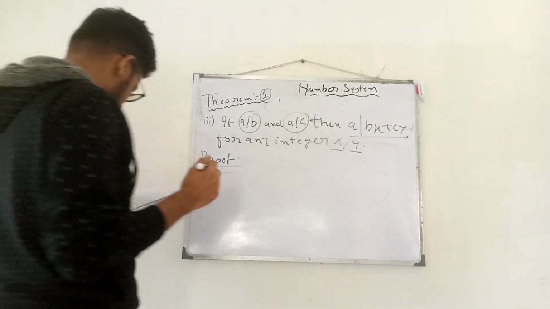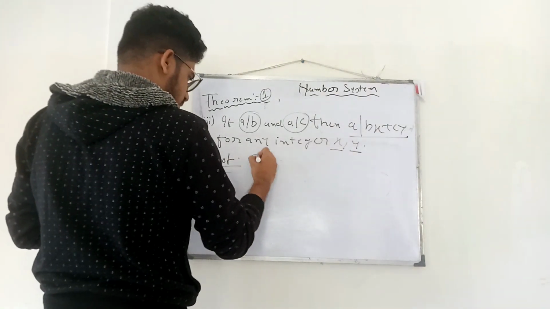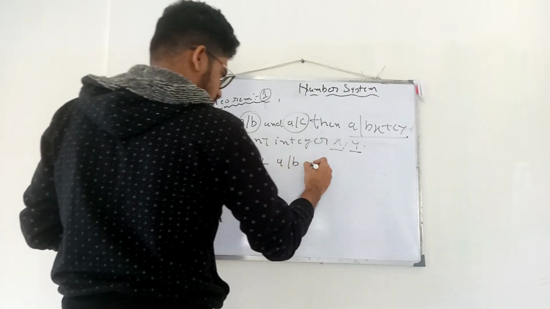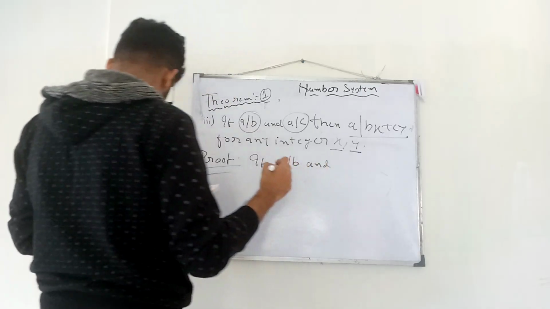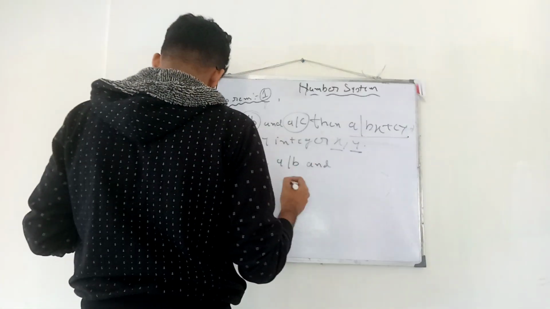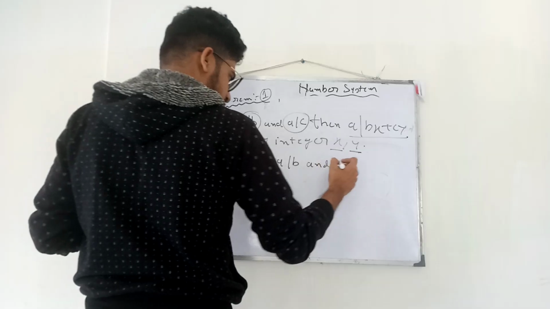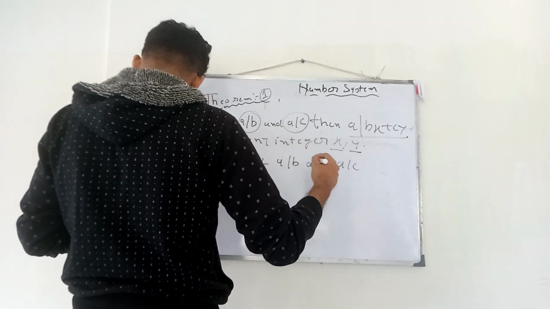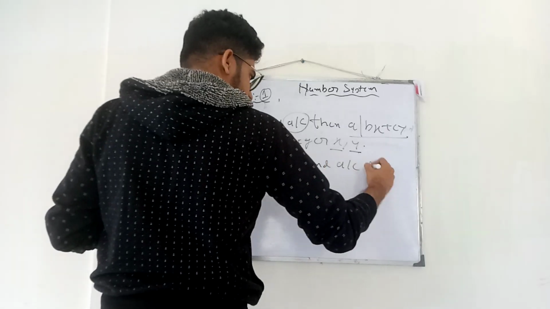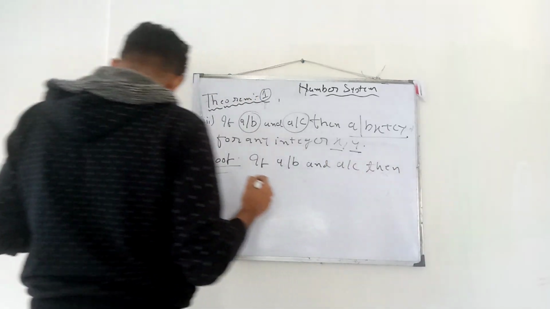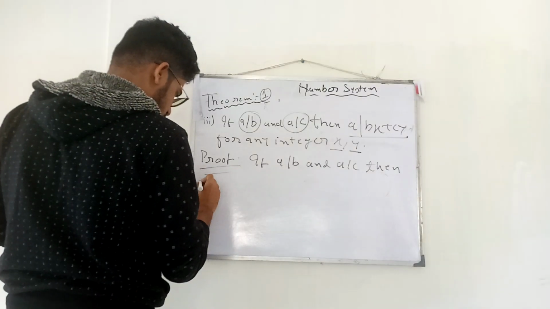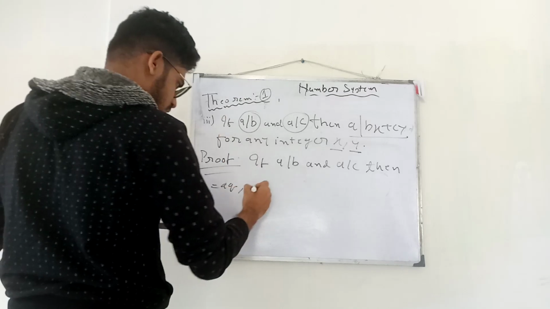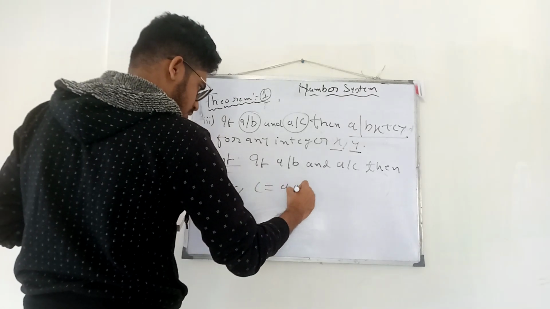Hence they're saying if a divides b and a divides c, then b is equal to aq, and c is equal to aq1.